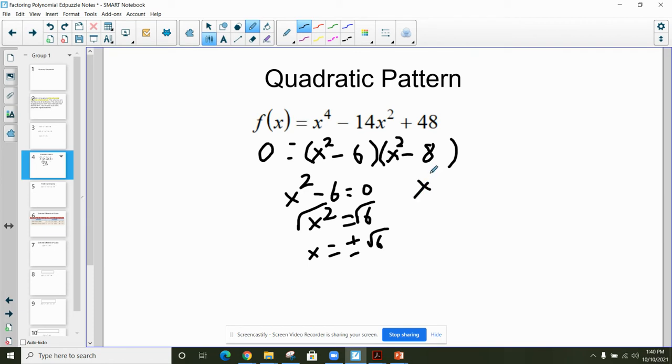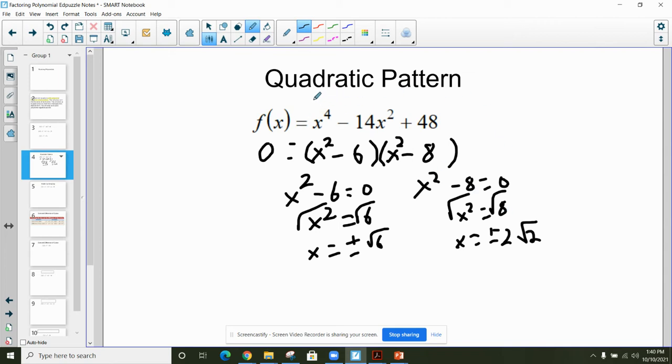Also set this factor equal to 0, add 8, get x squared equals 8, square root both sides, so x equals plus or minus 2 rad 2. So I'd also have x-intercepts at positive 2 rad 2 and negative 2 rad 2. So I'd have 4 x-intercepts on this problem, which makes sense based on what we learned on graphing.